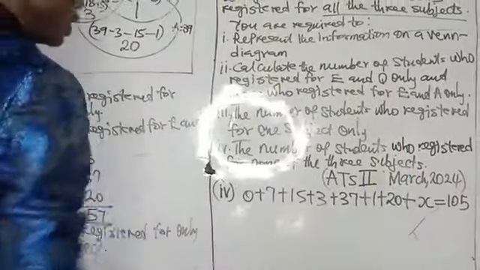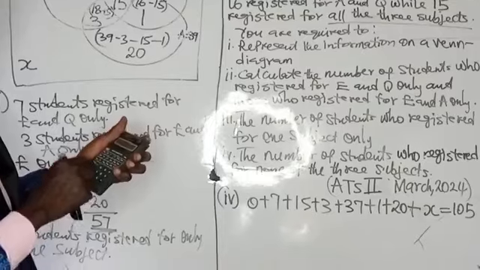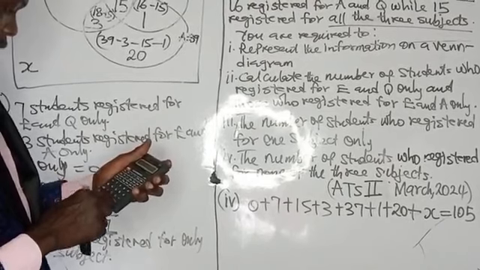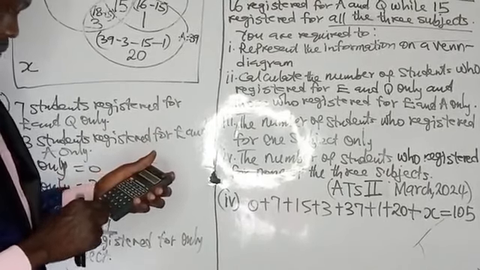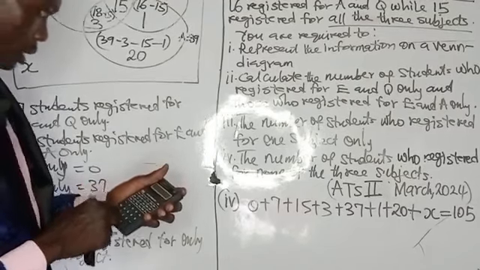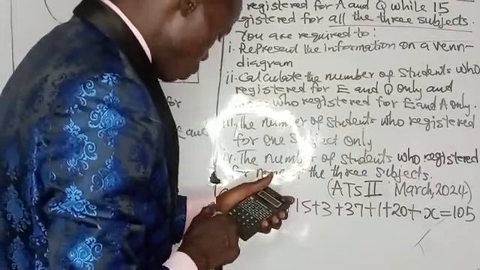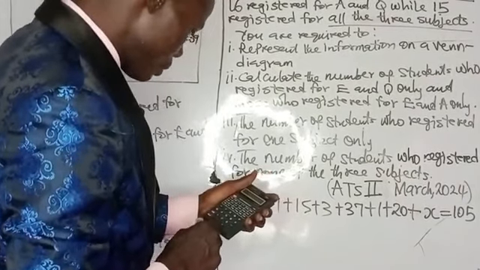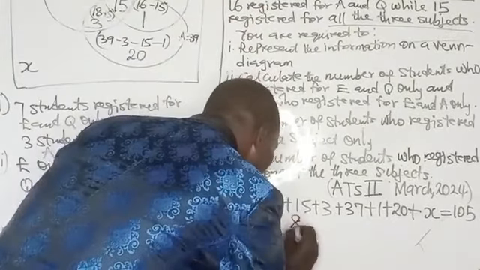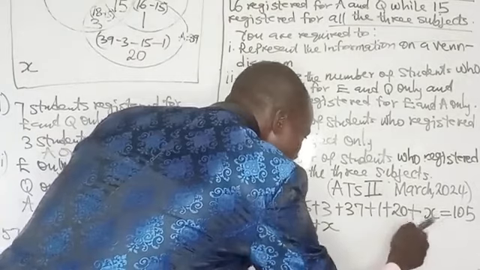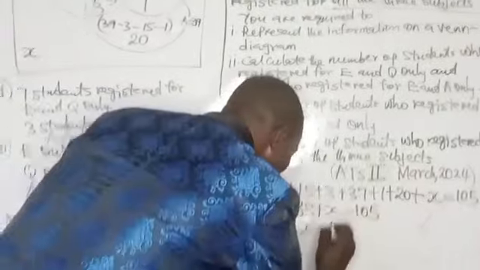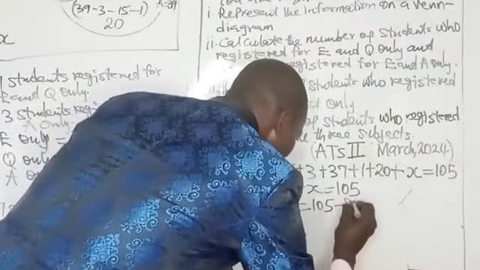Now let's sum up all this. 0 plus 7, that is 7, plus 15, plus 3, plus 37, plus 1, plus 20. All this totals 83. So 83 plus X equals 105. So X equals 105 minus 83.